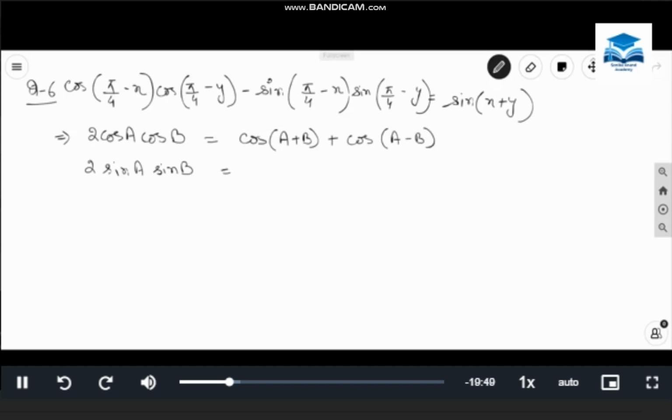Now when we have 2 sin A sin B, we have a formula cos of A minus B minus cos of A plus B.